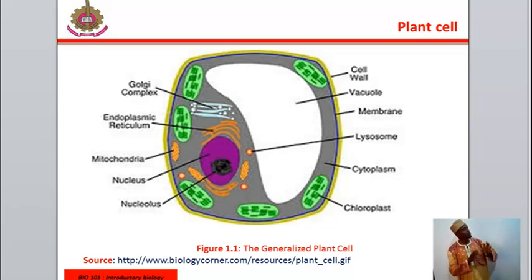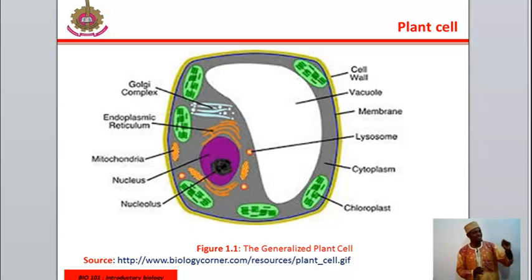Now, the major organelle in the cell which controls the activities of the cell is the nucleus. The nucleus in the plant cell and the nucleus in the animal cell are similar. The nucleus controls the activities of the cell. How?